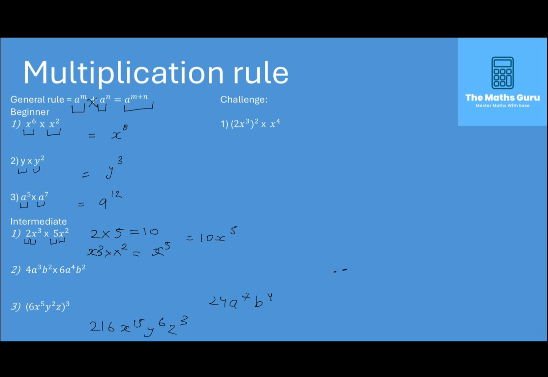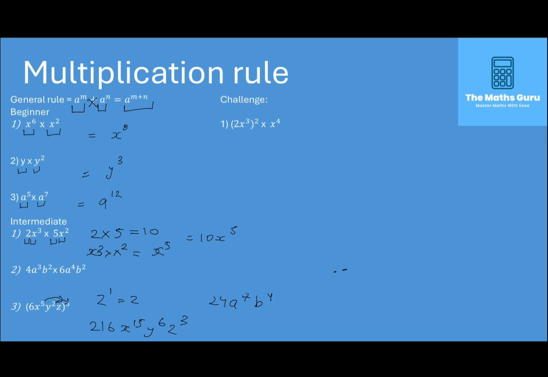Each term in the exponent we're timesing by this. In this case, z is to the power of 1, because that is just z, and times 1 by 3, that's how we get the z cubed on the end. 5 times 3 is 15, 2 times 3 is 6, that's how we get that.